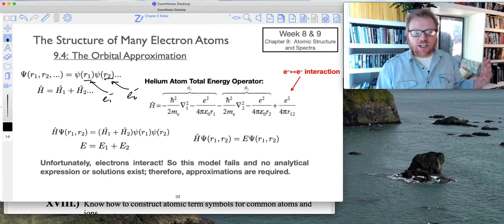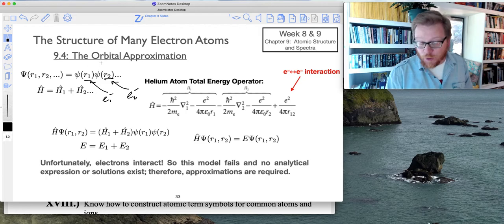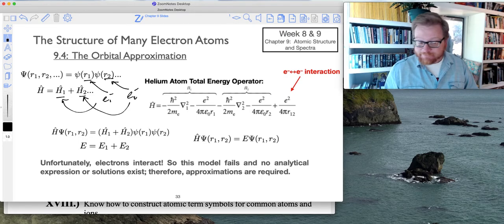And so through our separation of variables, we make a product out of those, which means that our Hamiltonian is going to be a sum. It's going to be the operator for electron number 1 plus the operator for electron number 2.